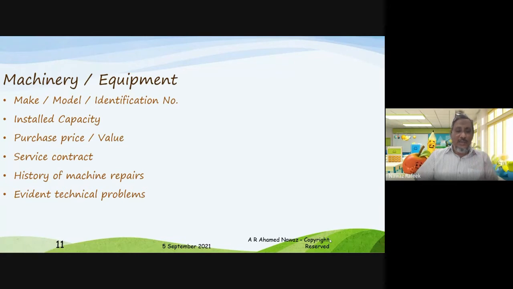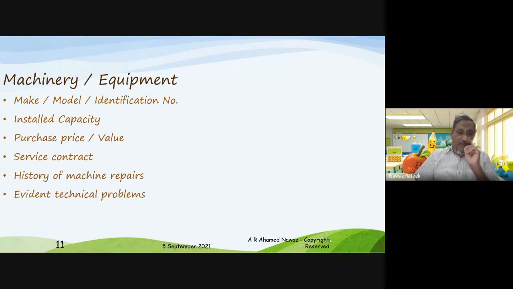When you recruit new technicians, you may find the machines getting damaged and needing frequent repairs. Sometimes it depends on the labor, sometimes on the machine itself. But the frequency of machine repairs, they should have a record, and this has to be verified.